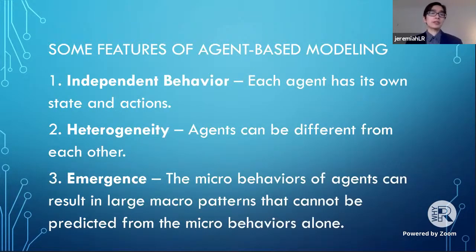Agent-based modeling is characterized by independent behaviors of agents. So each agent has to have its own actions. Heterogeneity, agents can be different from each other. And perhaps the most interesting is the concept of emergence, where the micro behaviors of agents can result in large macro patterns that you cannot really predict from the micro behaviors alone.